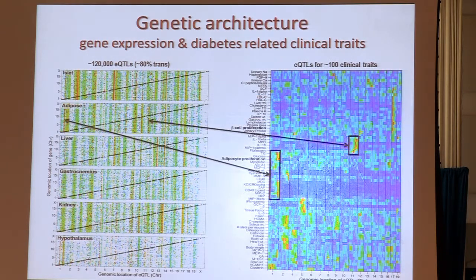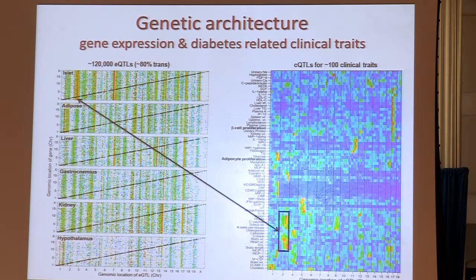We can see the same thing for other traits. So we have a collection here and here that co-map to these eQTL hotspots. And what I'm going to focus on actually is a collection of traits mapping to chromosome 2, including insulin, that co-map with this eQTL hotspot in the islet.